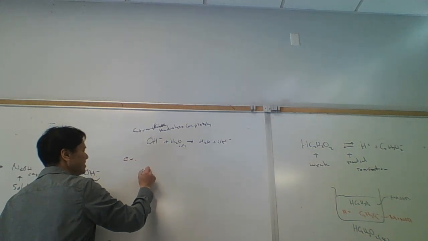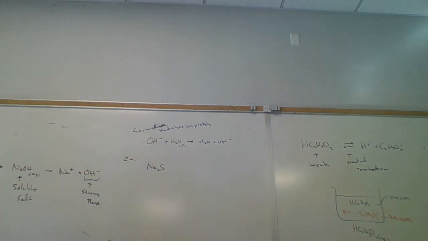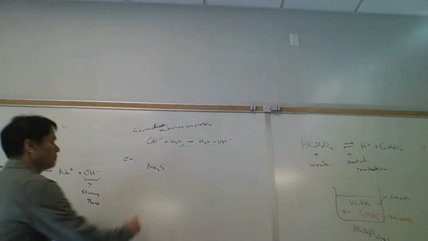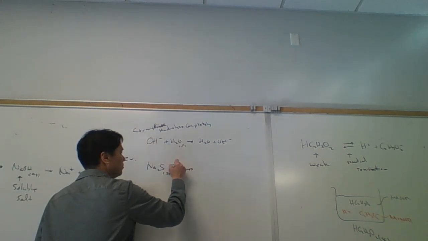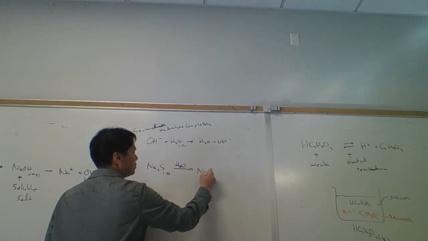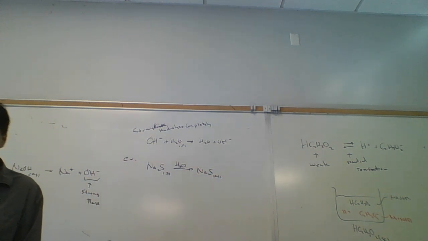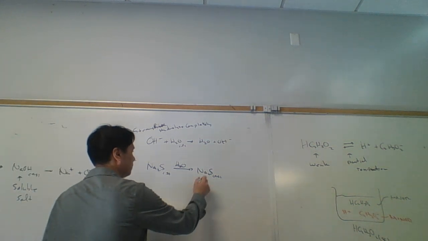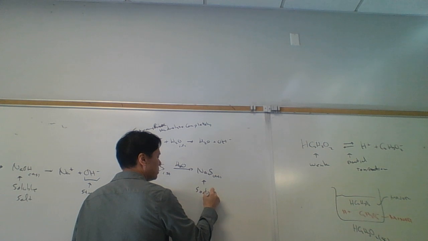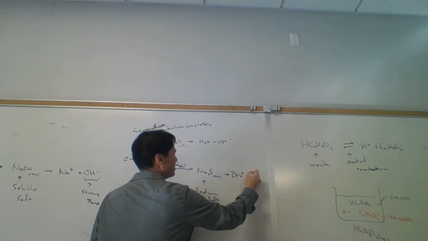The next example I'll do is sodium sulfide, Na2S. Is it soluble? Yeah, all sodium salts are soluble. And so sodium sulfide dissolves in water, so we'll get Na2S AQ. And then I ask, is Na2S a strong, weak, or non-electrolyte? Well, this is a sodium salt. Sodium salts are soluble, therefore it's a strong electrolyte. 2 sodiums and a sulfide.